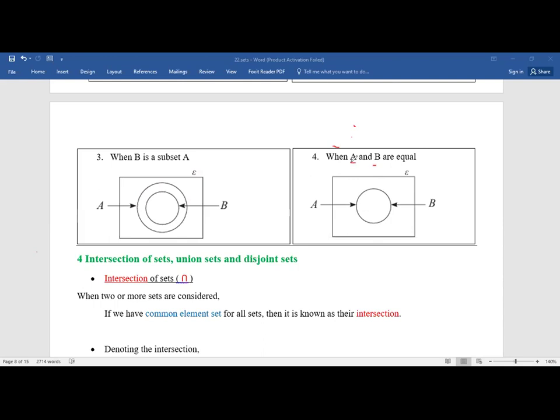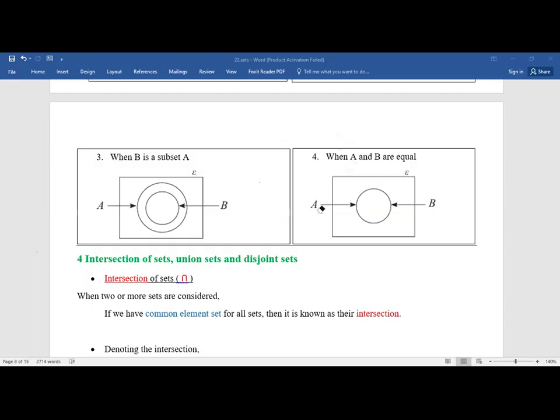So then A equals B. When A equals B, you draw the same circle and name it A and B from both sides. So definitely you need to draw the bigger rectangle as well, because it is the universal set.